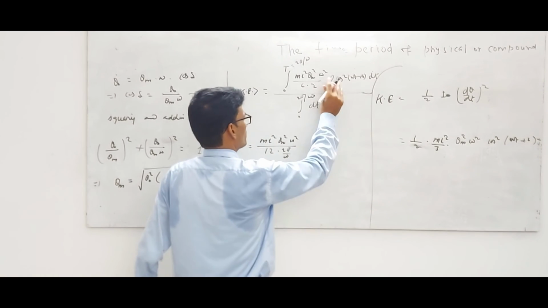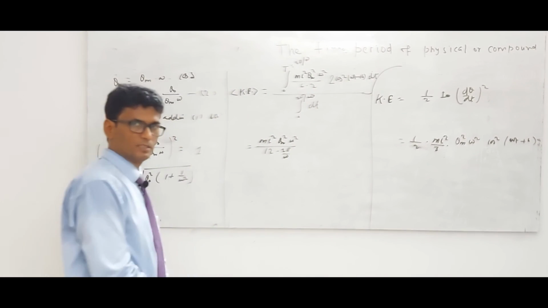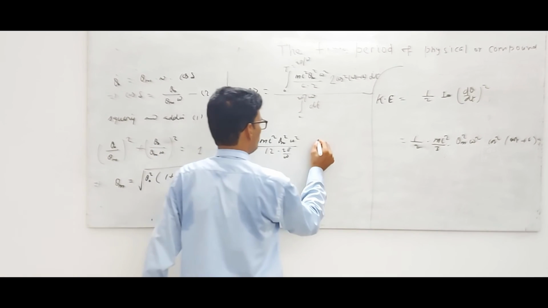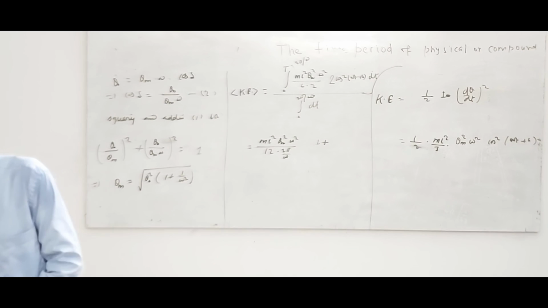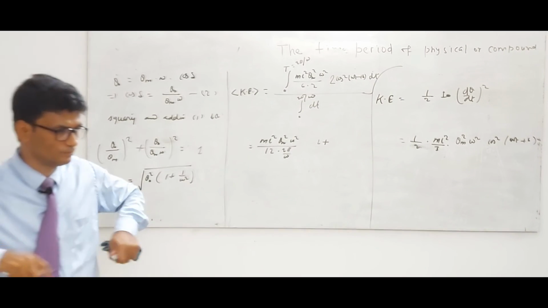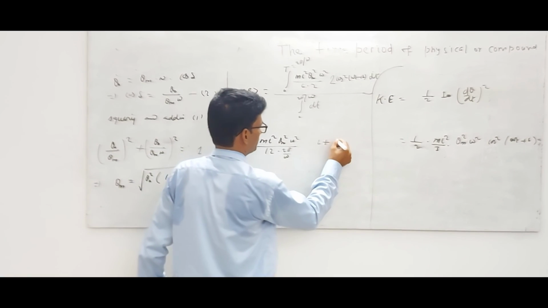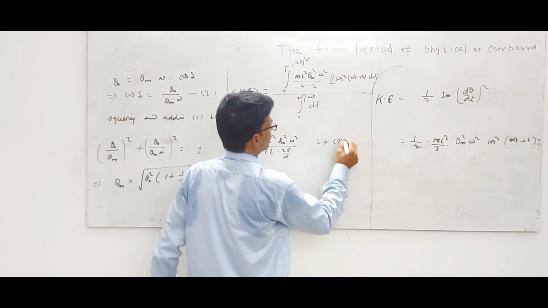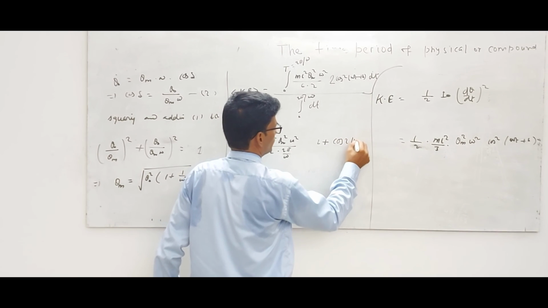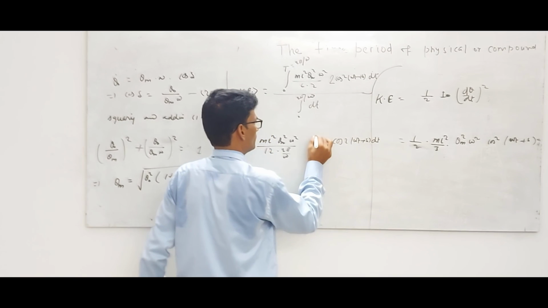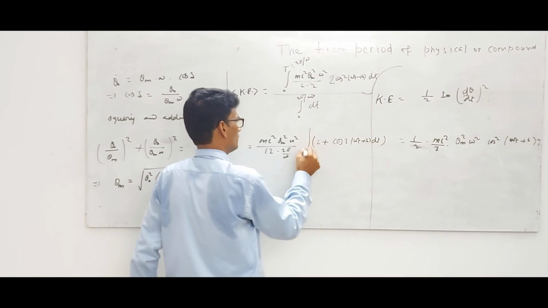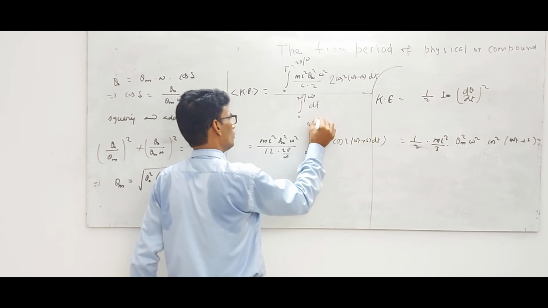So what is this? 2 cos square theta is 1 plus cos 2 theta. So 1 plus cos 2 omega t plus delta, dt, 0 to 2 pi over omega.